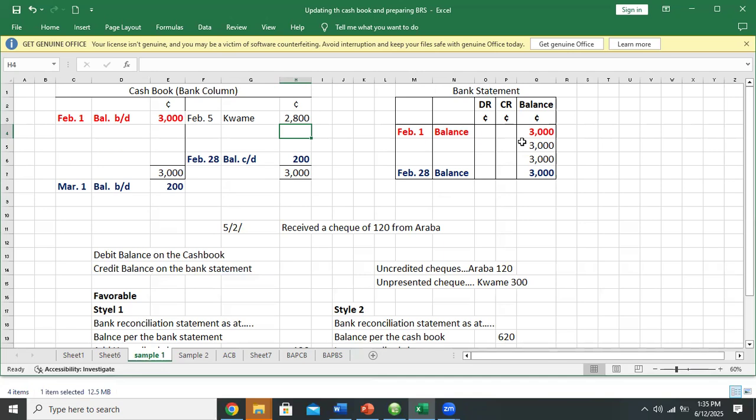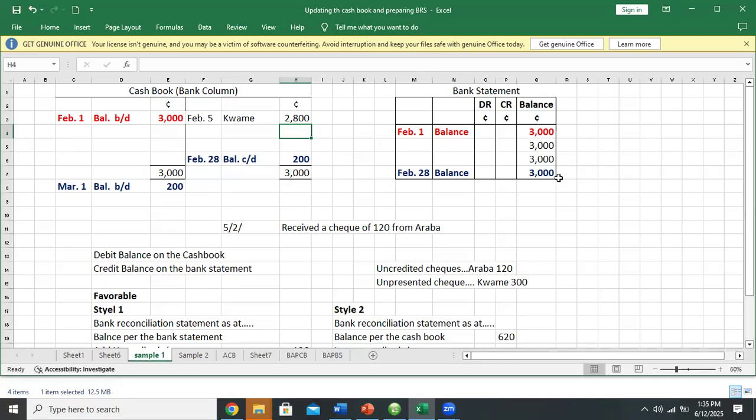So you have recorded that, I have paid Kwame, so my balance is left at 200. You go and check and your Momo is 3,000. So when you do the investigation, the options you have is either to use this balance to reconcile or this balance to reconcile. Now, why do we even do the reconciliation?